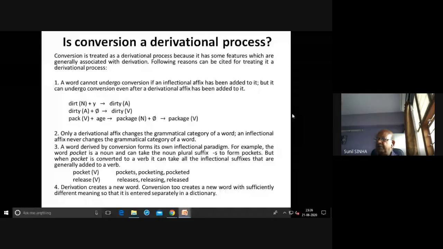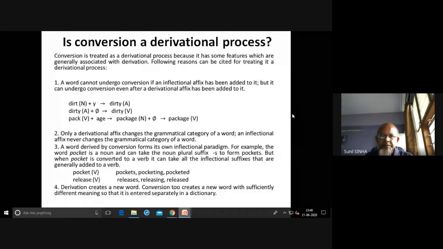But the meaning of pocket as a verb is to put something in that place. I have pocketed the money means I have put the money in my pocket. So pocket as a noun has one meaning, pocket as a verb has another meaning.